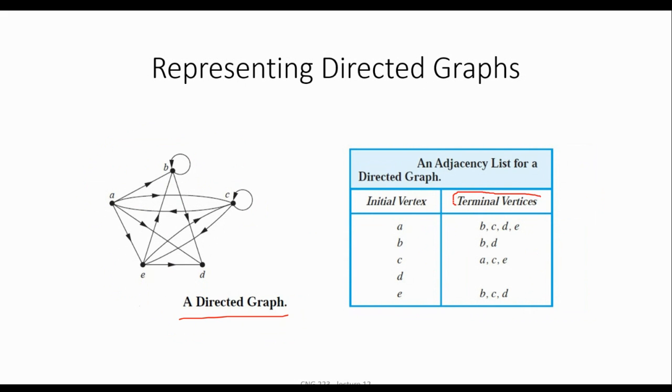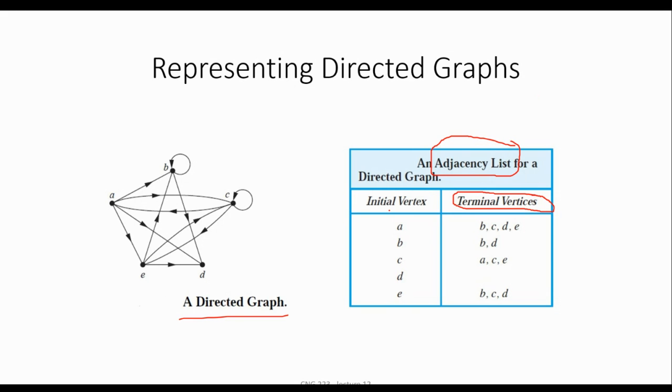So here, instead of adjacent vertices, I use the term terminal. This is just related to notation. Otherwise, as you can see, for the list, I still call it an adjacency list. And for matrices, for both directed and undirected ones, we use the adjacency matrix, which I will show you soon.